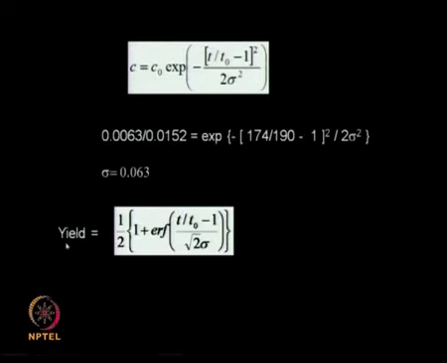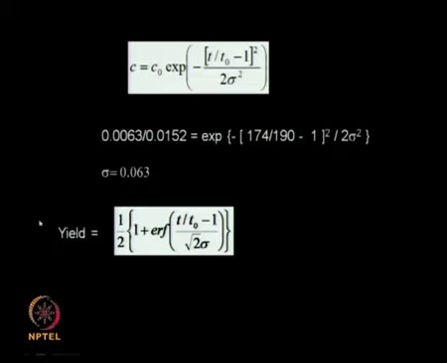So the equation for the yield is given by half into 1 plus error function of T by T naught minus 1 divided by square root of 2 sigma. Now I know sigma, T is 200 minutes, T naught is 190 minutes, so I can substitute, and if I know how to calculate error function, I will be able to calculate yield.